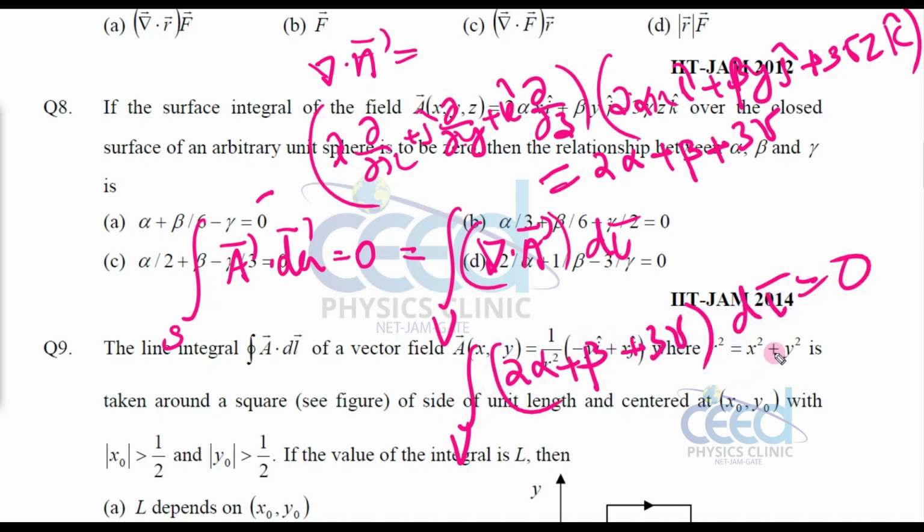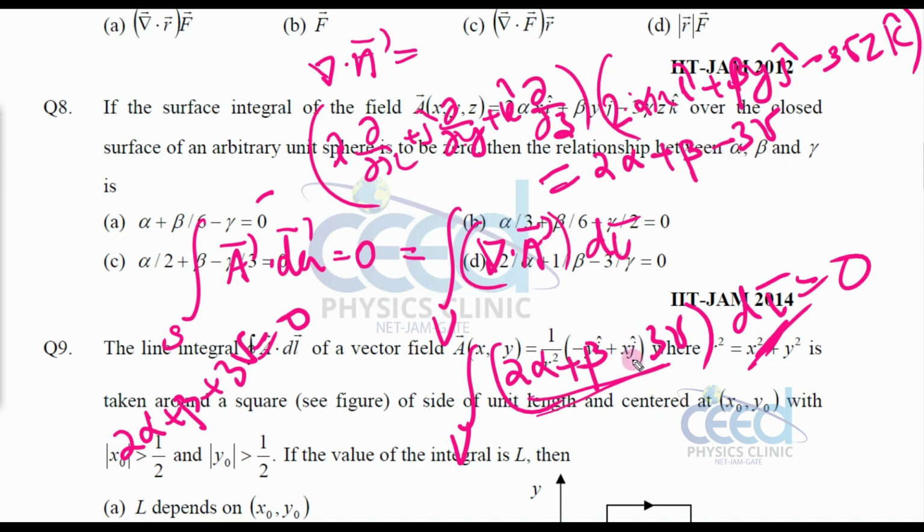This is equal to 0, and the volume element is not going to be 0, so this part will be 0. So 2 alpha plus beta plus 3 gamma is equal to 0. Let me check the signs of the given function. Yes, it is negative here, so the gamma term will be negative.